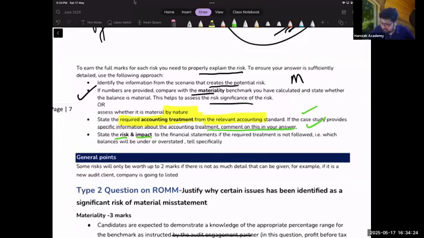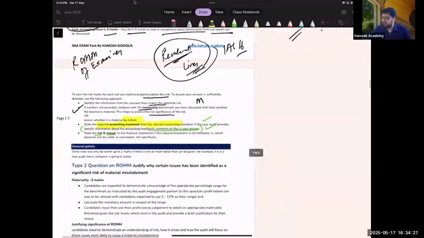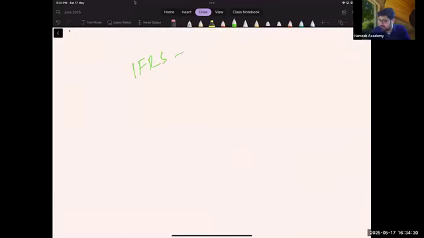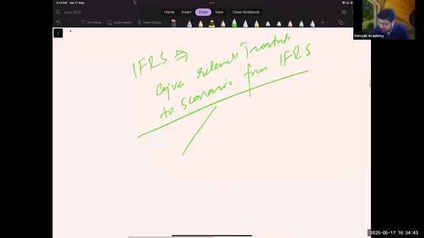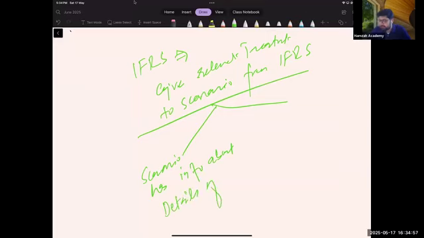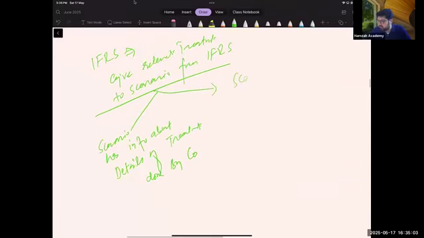The second case is if the scenario is silent. Now come here. From IFRS, you give the relevant treatment to the scenario, only what is relevant. Now, two cases may be there. Either the scenario has information about details of treatment done by the company, or the scenario has incomplete information about the treatment.